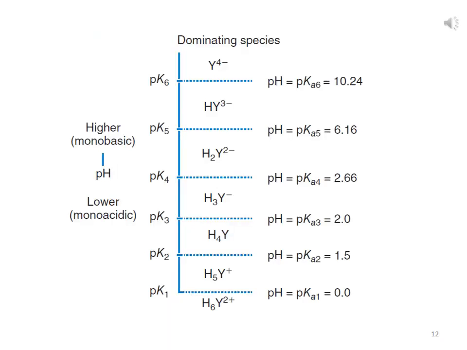In this slide, you can see a ladder diagram which shows the distribution of EDTA species at different pH. This ladder diagram was contributed by Professor Galina Talanova from Harvard University. As we saw in the previous slide, nitrogen on EDTA can protonate in very acidic solution.